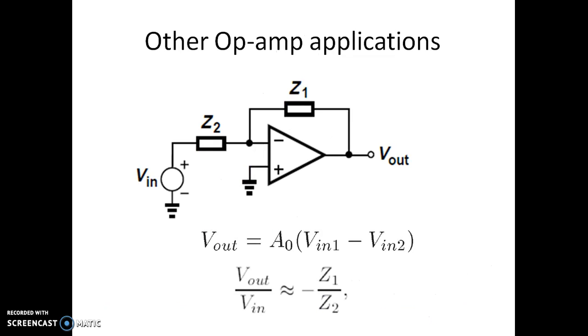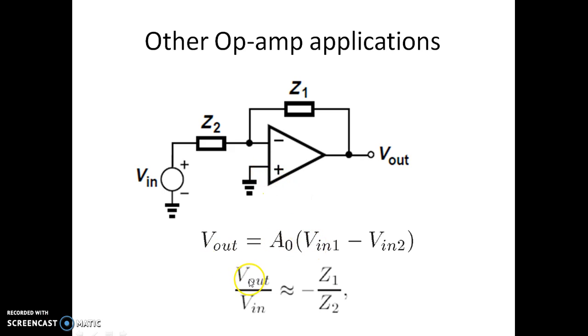Let us see other applications of the operational amplifier. So let us consider a network where we have Z1 as an impedance connected between the output and the inverting terminal. Z2 is connecting input and the inverting terminal. So we know that Vin1, that is the voltage at the inverting terminal, is 0.